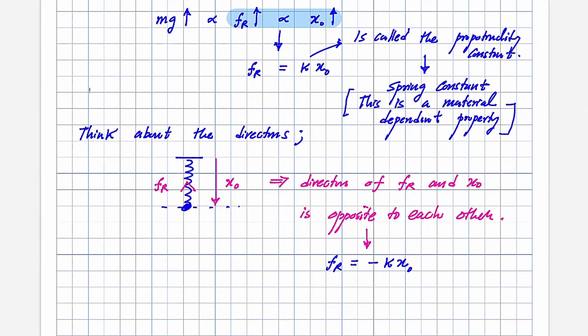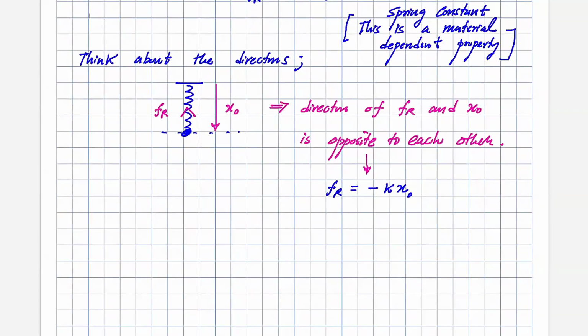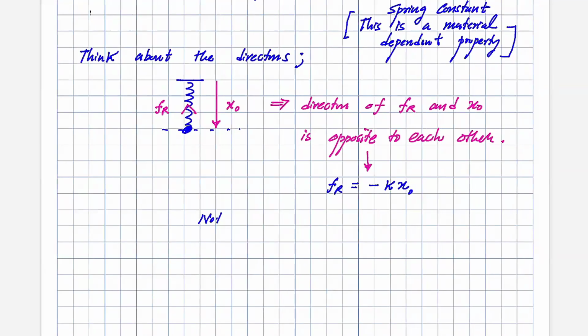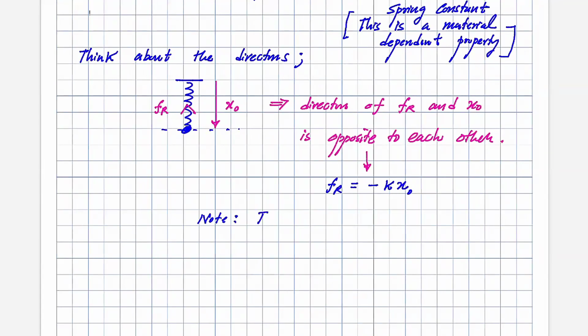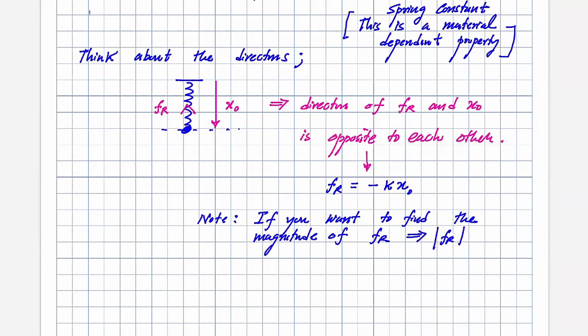Right? Now, if you want to find the magnitude of FR, what you do is you consider the mod value of FR. Mod value means the positive value. If you have a minus, you know that.